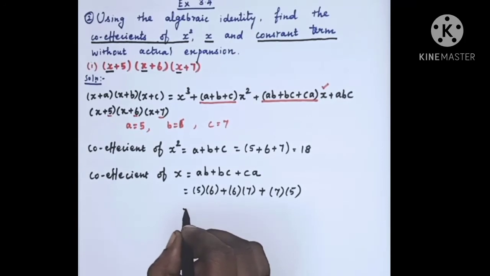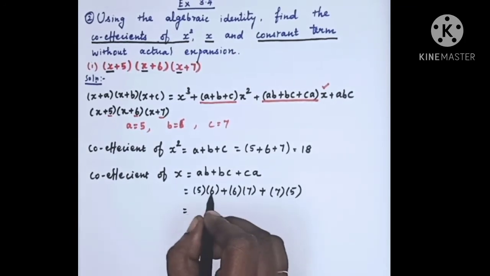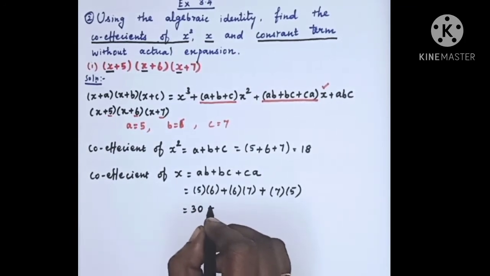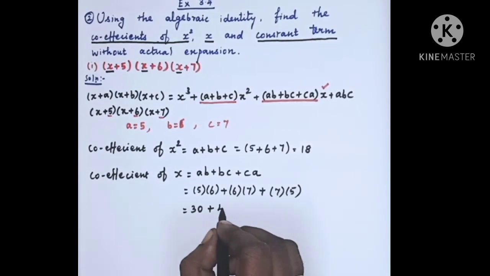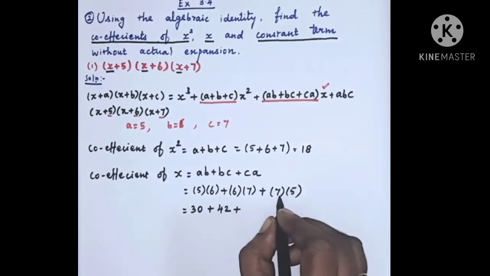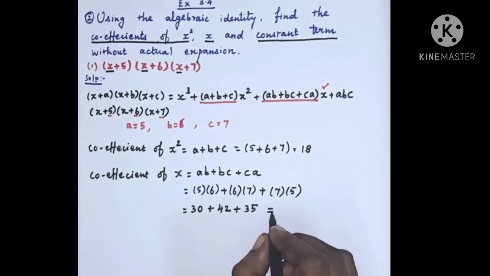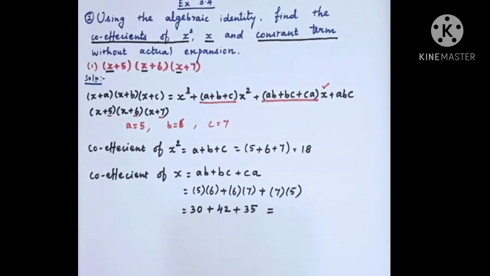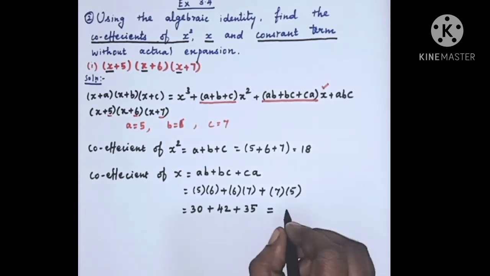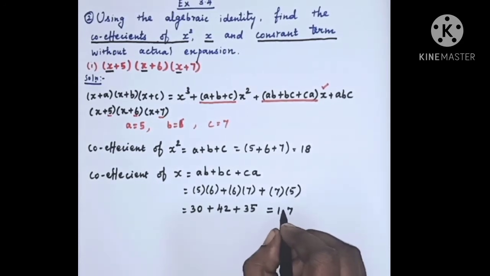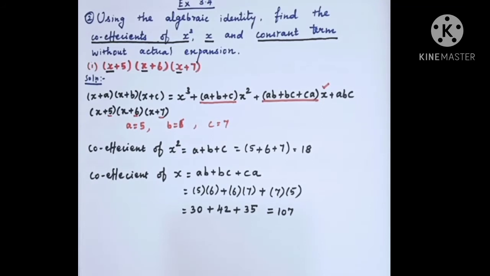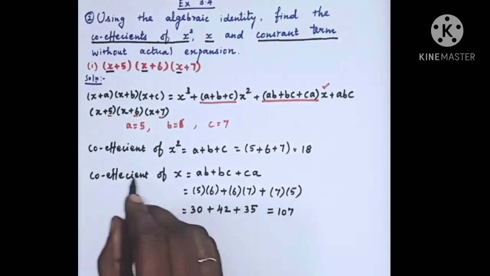So multiplying these terms, 5 into 6, 5 6s are 30, plus 6 7s are 42, plus 7 5s are 35. Now adding these three numbers, we will get 107. This is the coefficient of x. This is the answer for the coefficient of x.